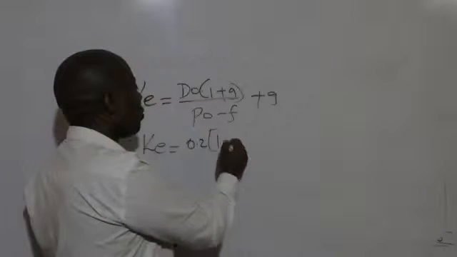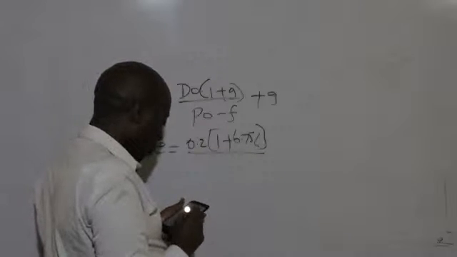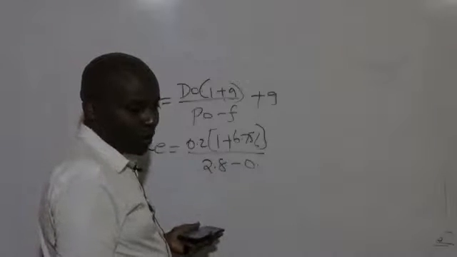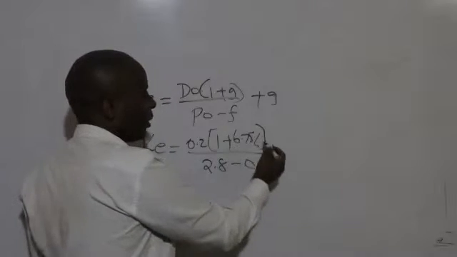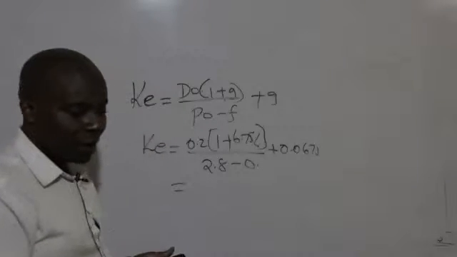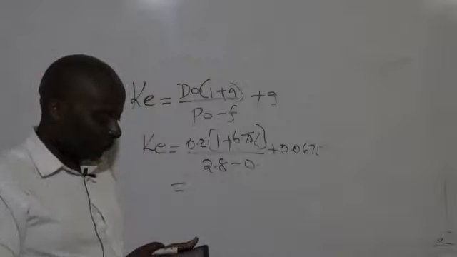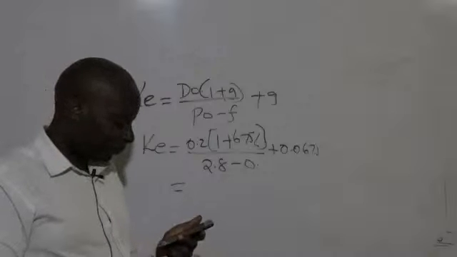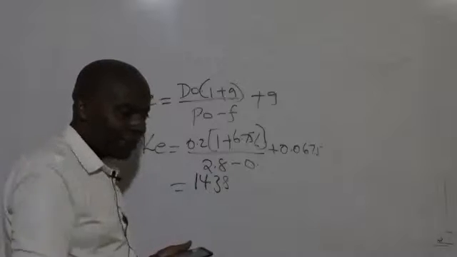So 0.2 into 1 plus 6.75%, all over P0, which is 2.8. There's nothing like flotation in this question. Plus our growth rate, which is 6.75%, the same as 0.0675. Could you kindly give us an answer? 14.38.